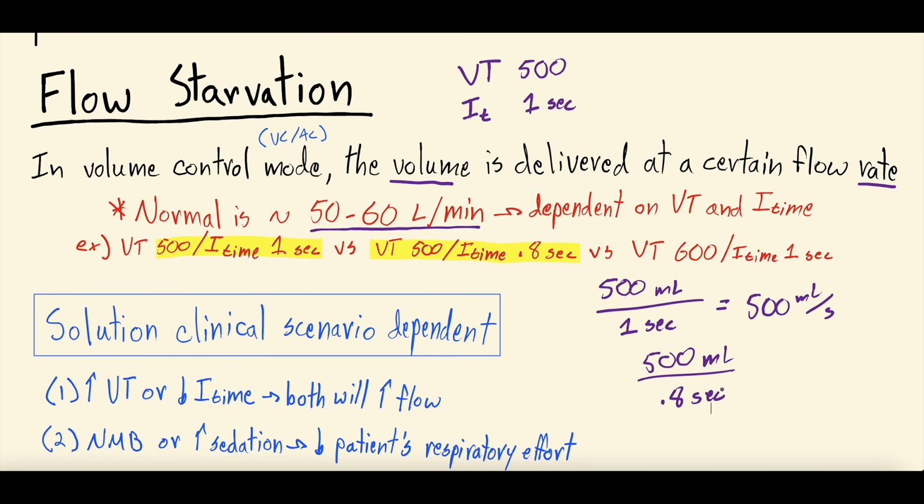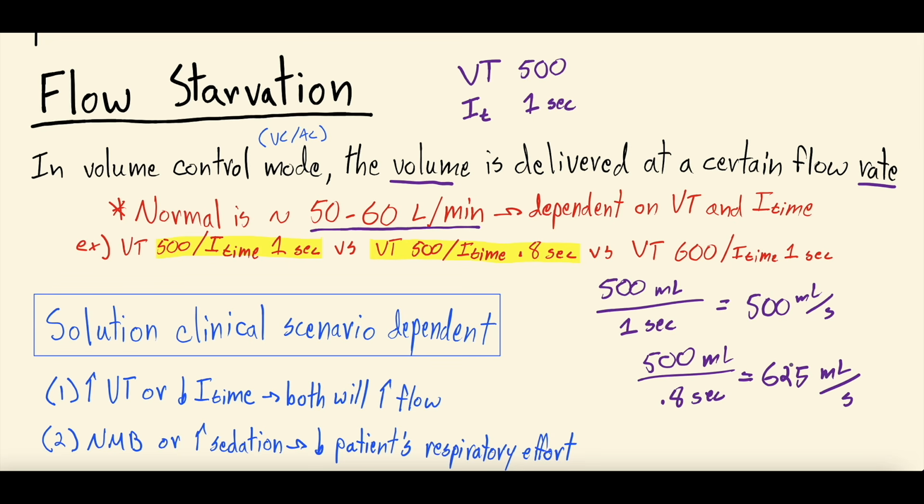I should have planned ahead for that. Here's my phone, the handheld calculator. You guys who are smart probably already did this in your head, but 500 milliliters over 0.8 seconds, this is going to be 625 milliliters of air over 1 second.